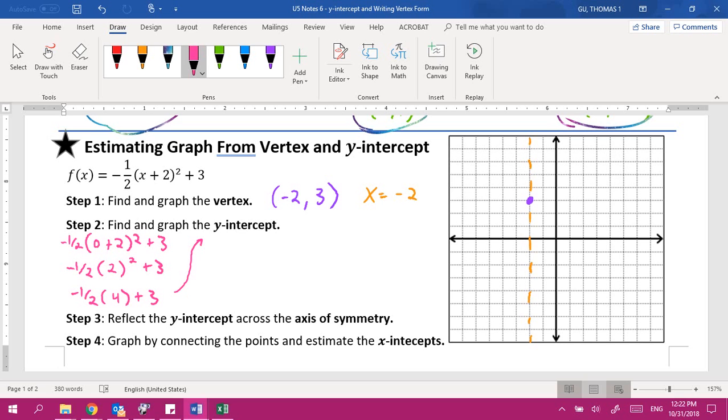So this is the same thing as 4 divided by 2, but then there's a negative sign, so negative 2. So this is going to be negative 2 plus 3, which is what? Positive 1. So what's your y-intercept? 0, 1. So let's graph the y-intercept then, 0, 1, right here.